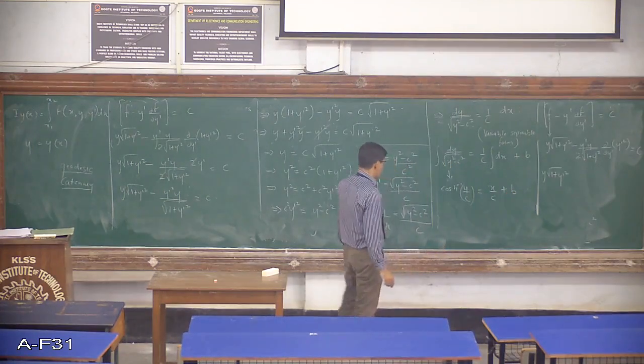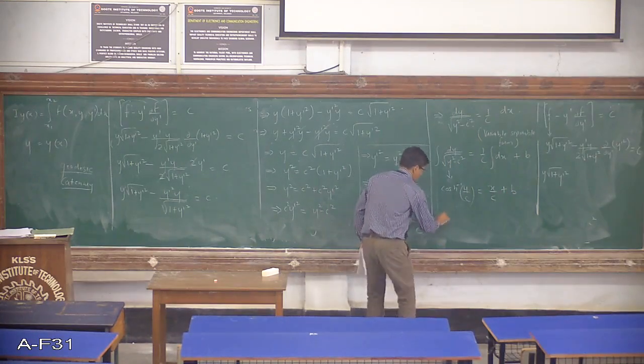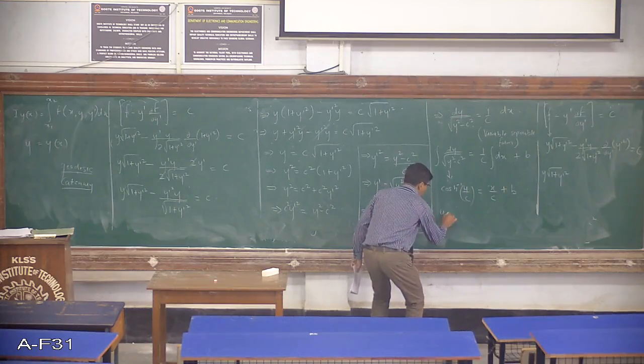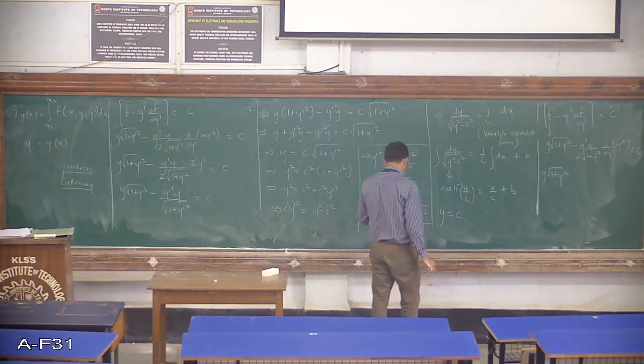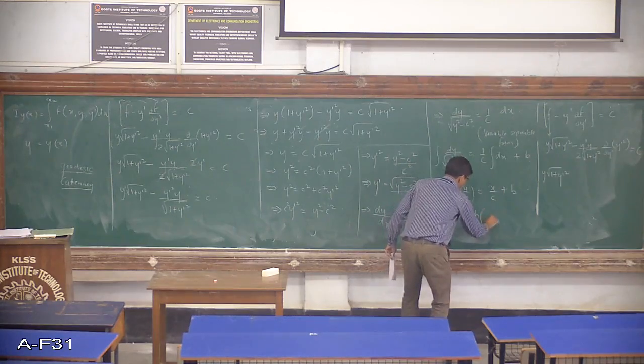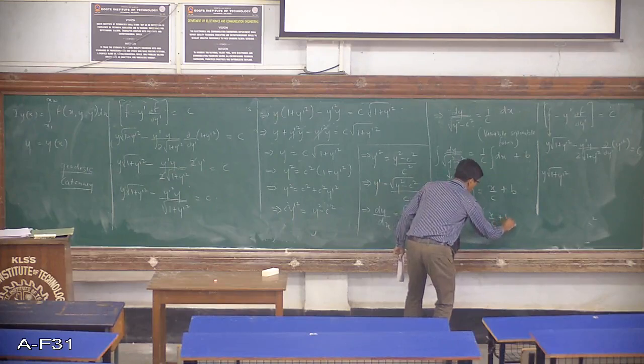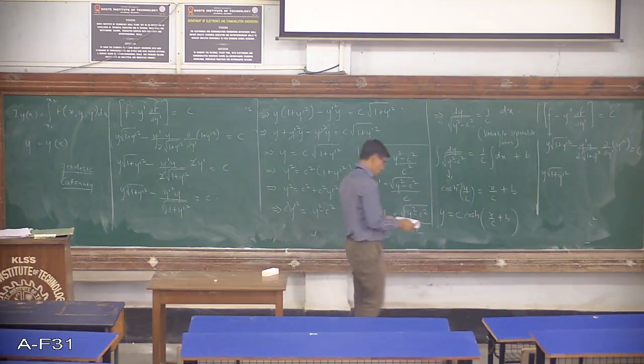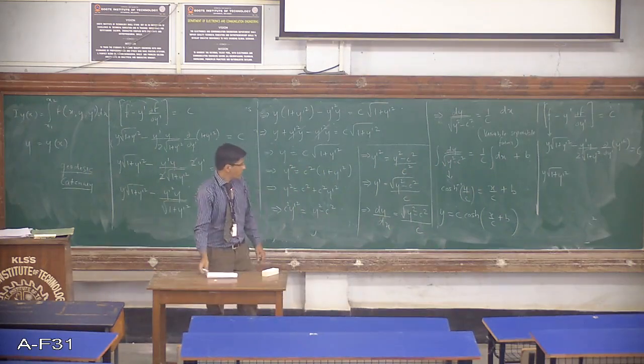Fine. So finally, the equation you get is y is equal to c cos hyperbolic inside the bracket x by c plus b. This is the equation of the catenary.